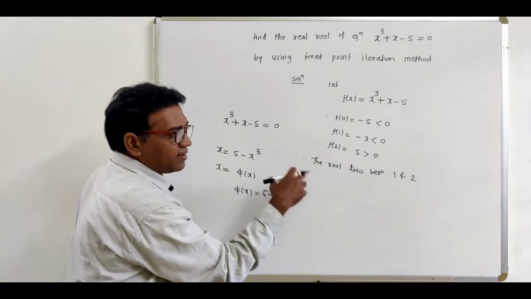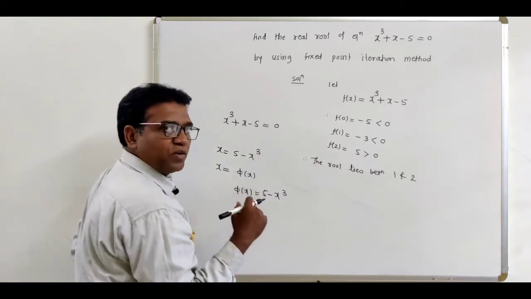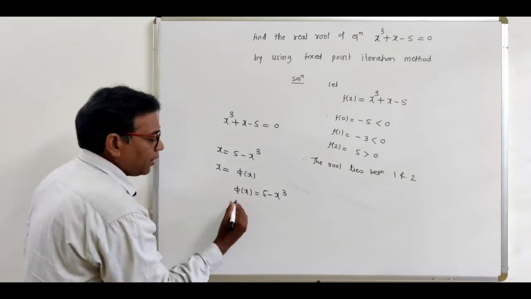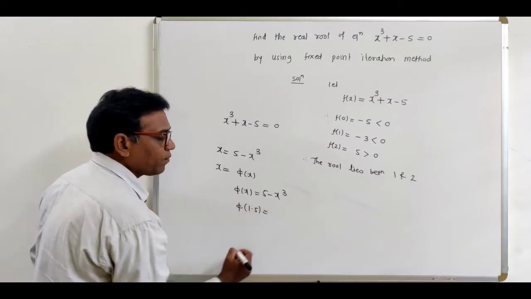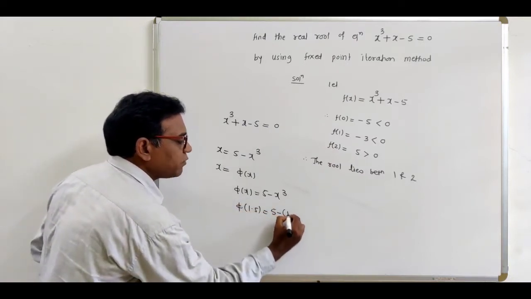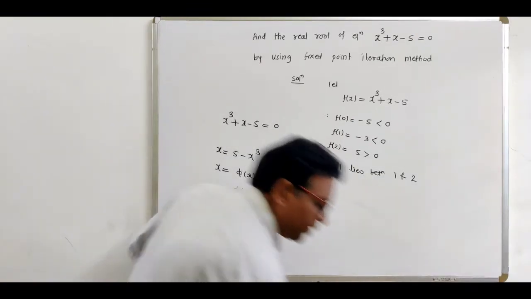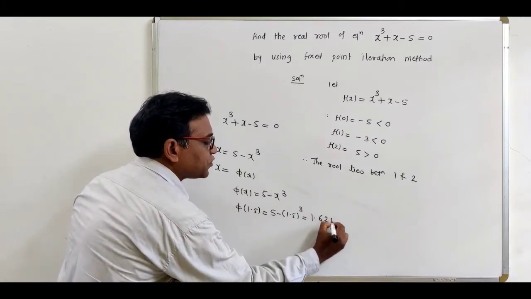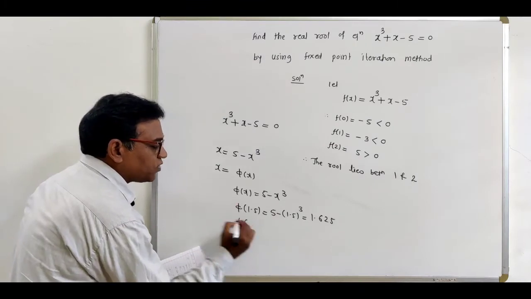Now just now we have written that the root lies between 1 and 2. So we can take any approximate root. Let us suppose 1.5. Now if you put the initial root 1.5, then 5 minus 1.5 bracket cube. Now what is this value? This will be 1.625. Now find the next approximate root.